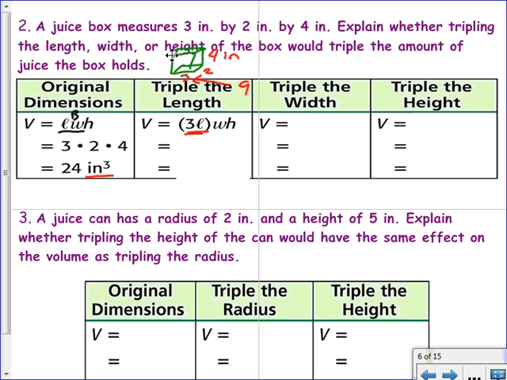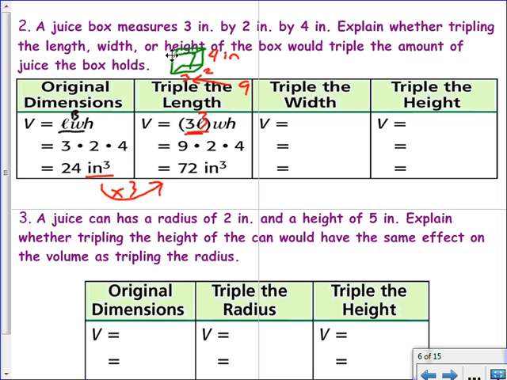So we'll do 3 times this original length, which was 3, and so we end up getting 9 for that, and the 2 and the 4 stay the same, and we just multiply those numbers together. We get 72 inches cubed. You can very quickly figure out that 24 times 3 gives you 72. So in fact, by tripling the length, we tripled the volume in the juice box.